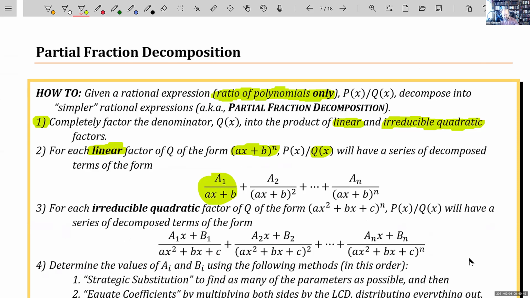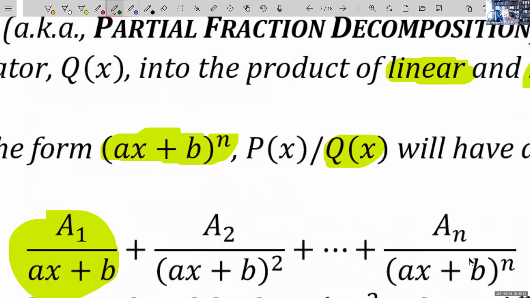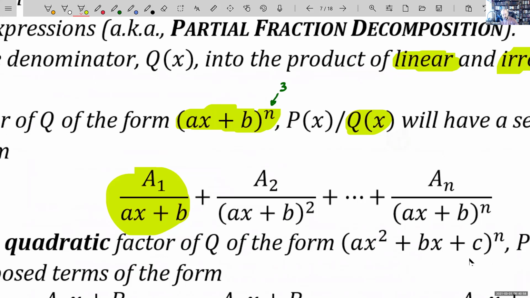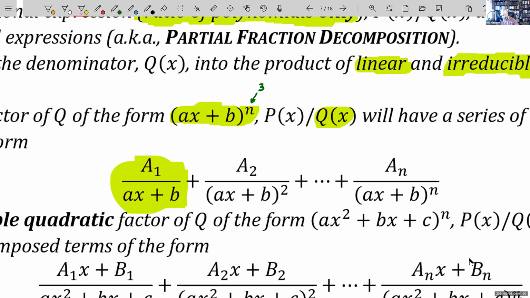Even if it was the third power, you'll still have a fraction with its first power, a fraction with its second power, and a fraction with its third power. That makes this kind of a messy problem.